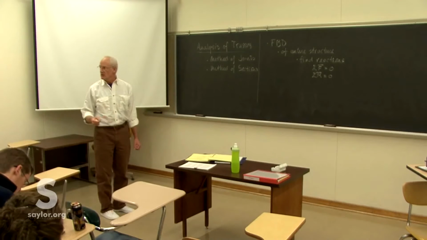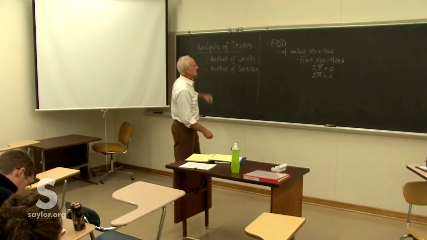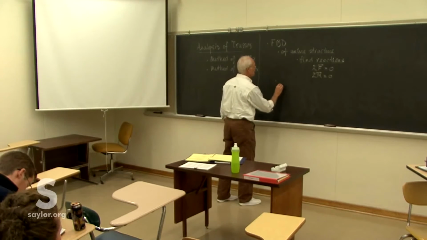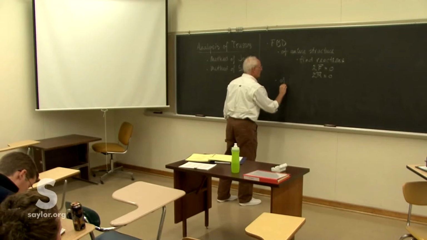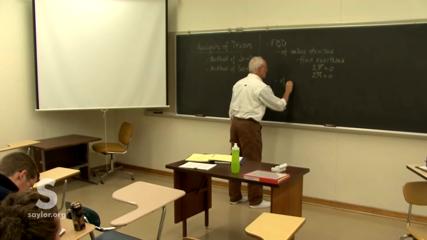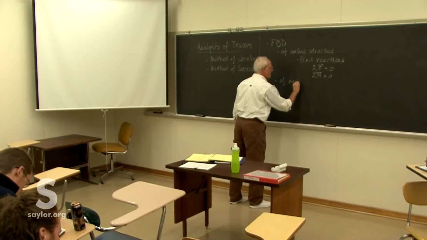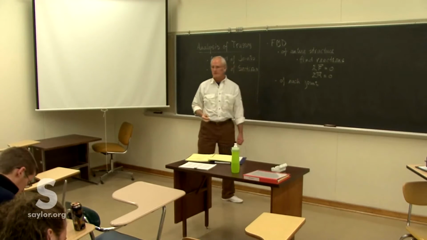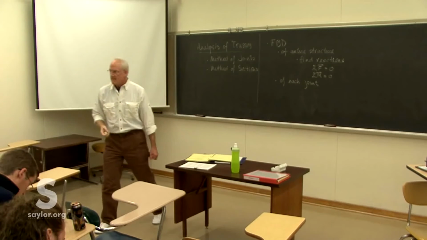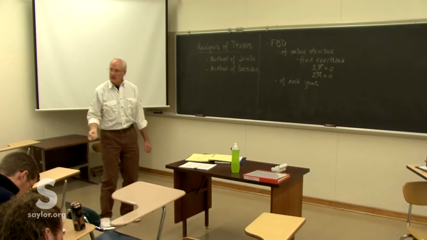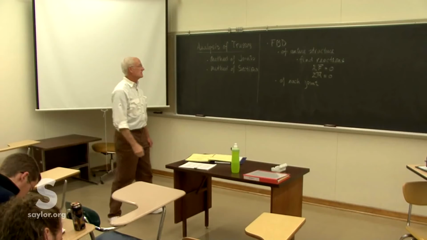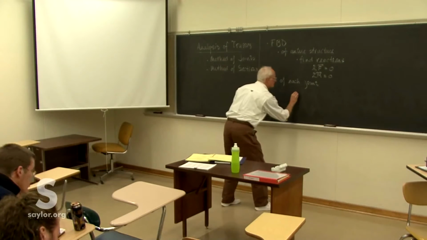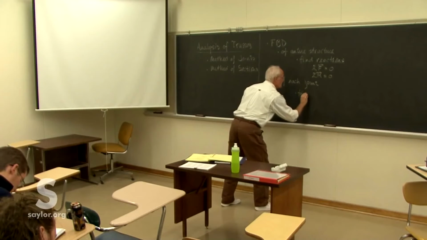What we haven't done, though, is the next step that really allows us to analyze these trusses. We'll do then a free body diagram of each joint itself. By the time we've done a free body diagram and an analysis of each joint, we'll have the entire structure.